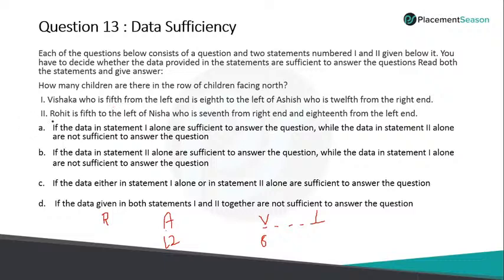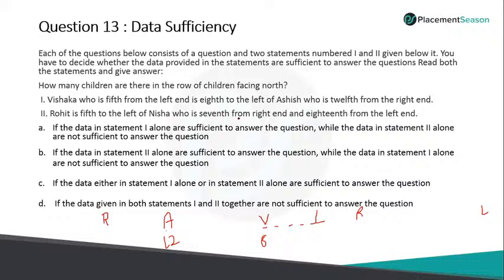Now we'll see statement 2. Rohit is 5th to the left of Nisha. Nisha is 7th from the right end and 18th from the left end. I don't even need Rohit. Directly from Nisha I'm getting the answer.